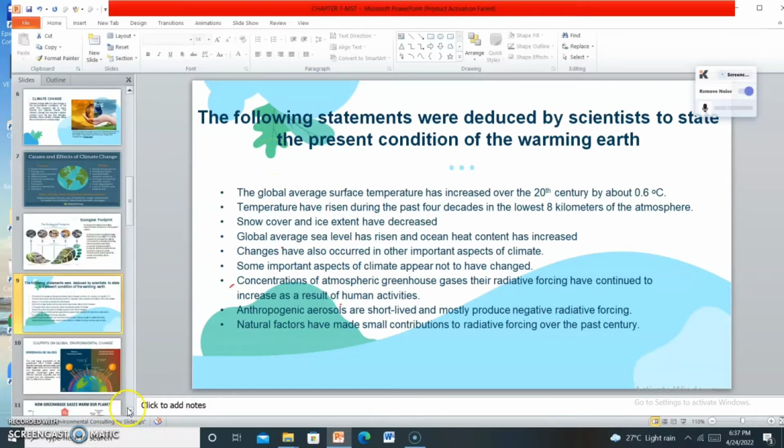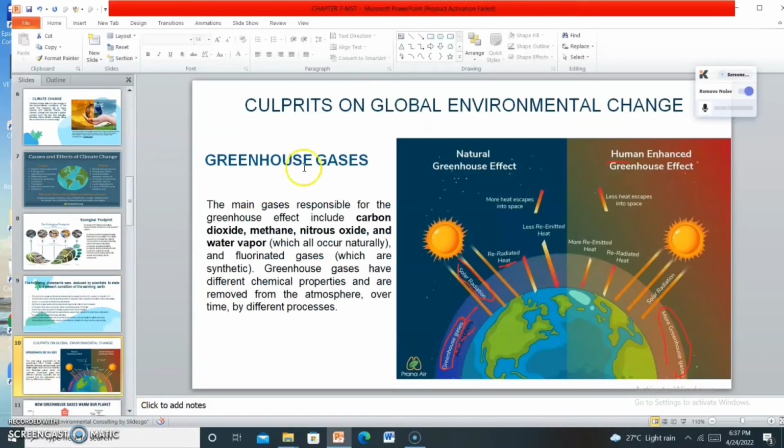The next is the scope of global environmental change: the greenhouse effect. The main gases responsible for the greenhouse effect include carbon dioxide, methane, nitrous oxide, and water vapor, which all occur naturally, and fluorinated gases.